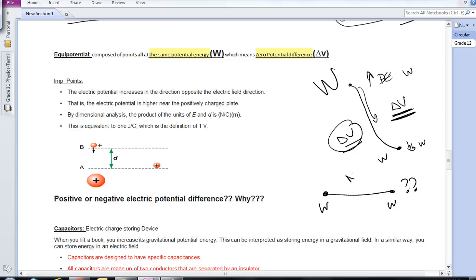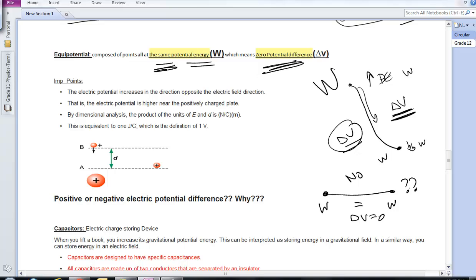The answer is no, we can't, because both of them are having equal potential. So when you have 2 points or many points that have equal potential, we call this equipotential. Equipotential means points that have the same potential energy, which means, what is the delta V between those 2 points? 0. So the equipotential has the same potential energy, but 0 potential difference.